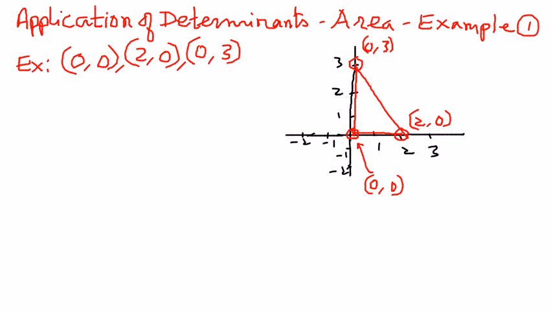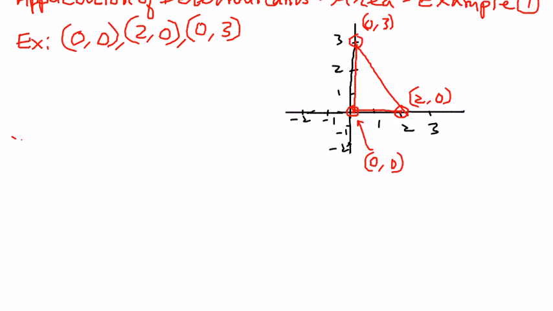And therefore now, using the formula which we know related to finding the area of a triangle, we can write that out first. Let me write that as step number 1. The area of a triangle using determinants is given to us as area is equal to plus or minus 1/2.